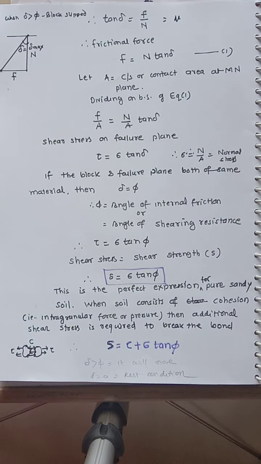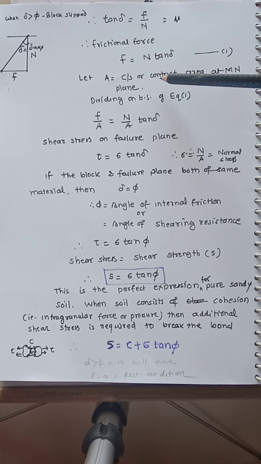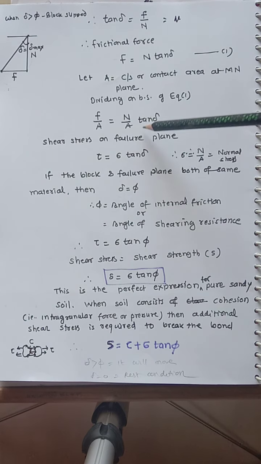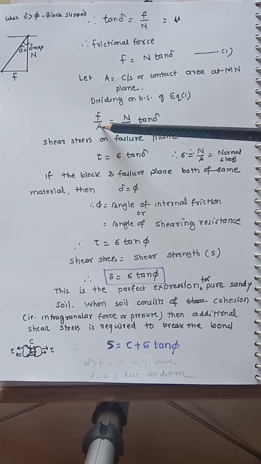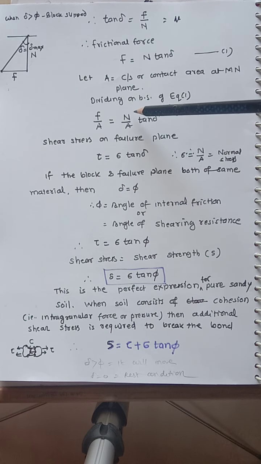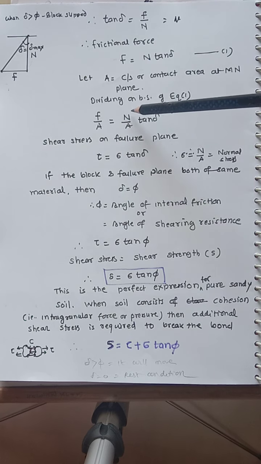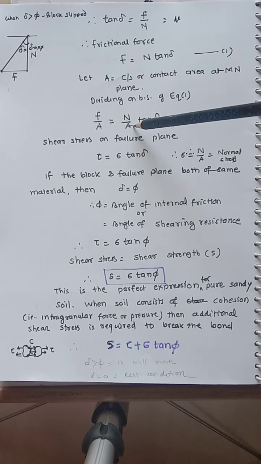If I divide this expression by the contact area A, we get F by A and N by A. F by A: the direction of F is horizontal, parallel to the plane of area A. N is a vertical component, perpendicular to area A, so N by A is called the normal stress.